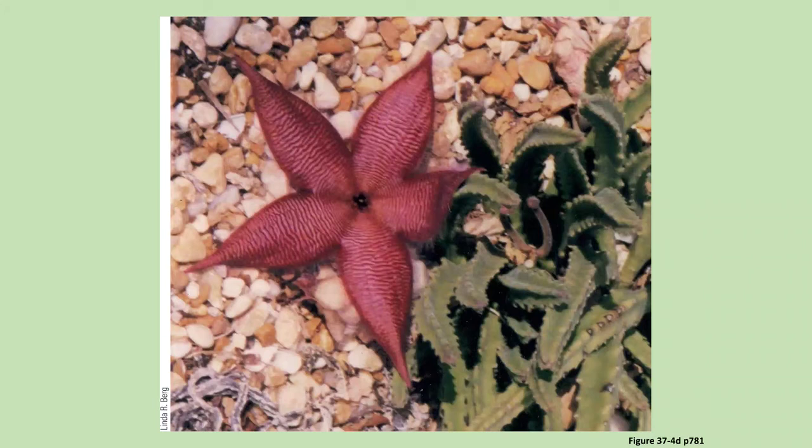It does that by emitting a really putrid scent, meaning a scent that smells like rotting flesh, and the color also resembles dried blood. So the flies might think that they've landed on a piece of a dead animal that they would normally suck the juices from as it decomposes.